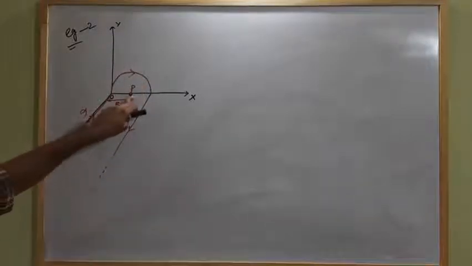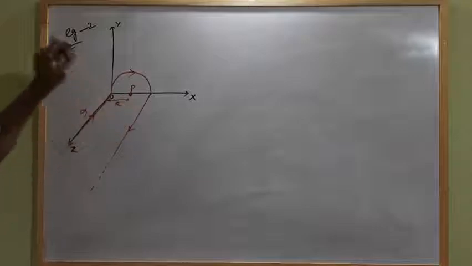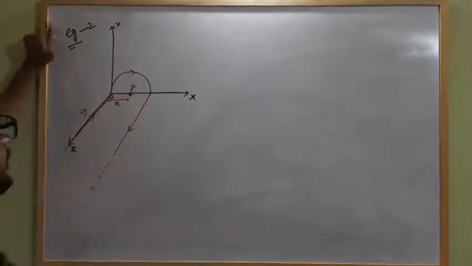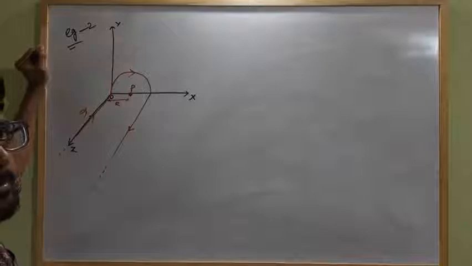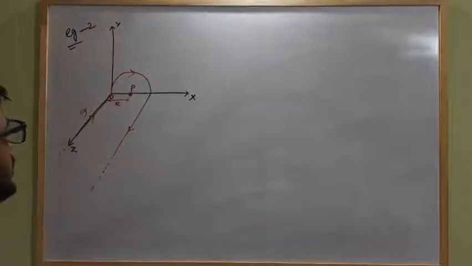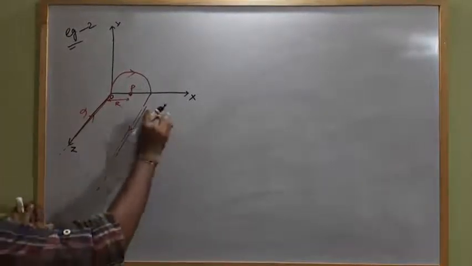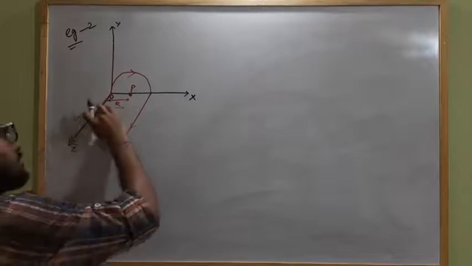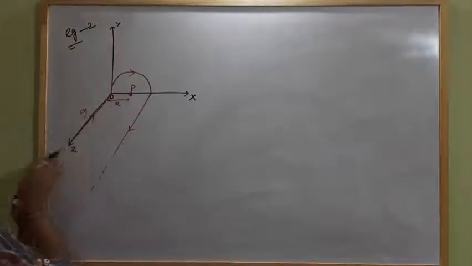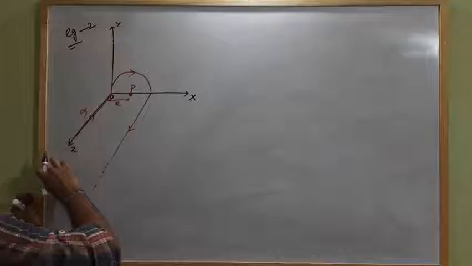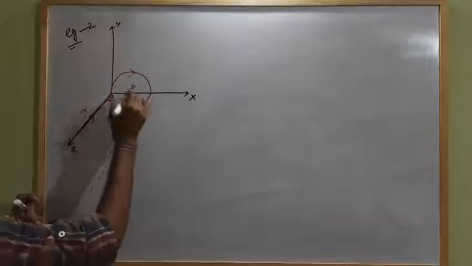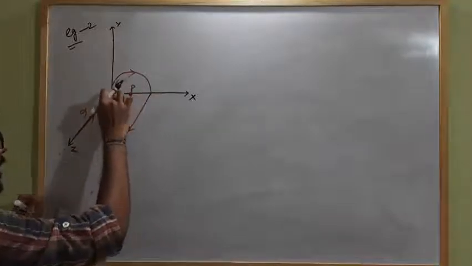Now we have to find out the net magnetic field strength due to this current carrying segment at point P. So in this case, just see, this segment is a straight current carrying conductor along the z axis and is an infinite straight conductor where the point of observation is close to one end.